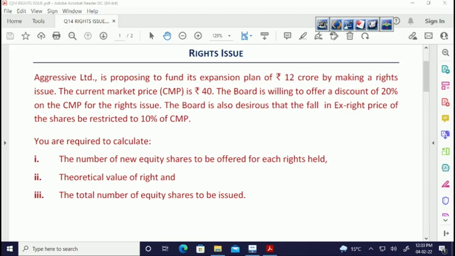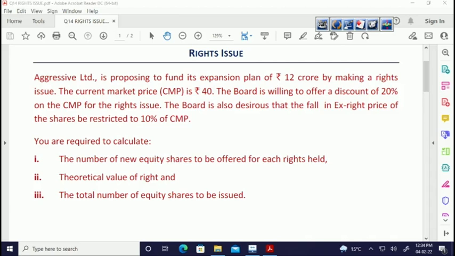So the rights issue will be at 32. So P0 is 40 and X is 32. Correct? So we can find out the number of shares to be issued, because you want to raise 12 crores at 32. So 12 crores by 32 is 3,75,000 shares. That's the third part answer, the total number of shares to be issued: 3,75,000 shares.